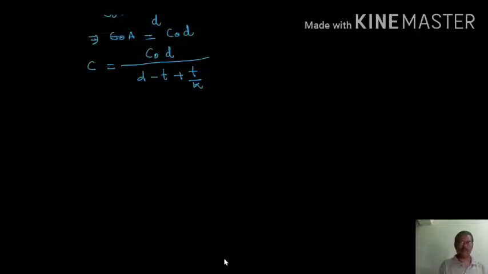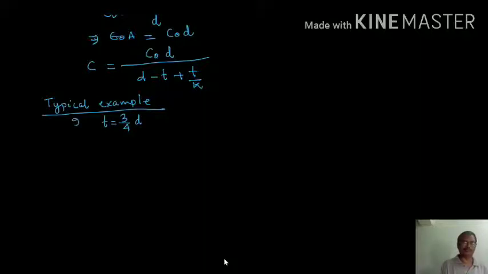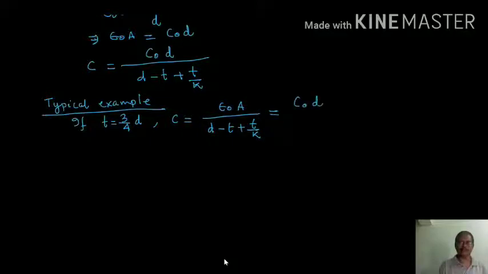So let us take one typical example. If t equal to 3 by 4 d, then what is the capacitance? C equal to epsilon 0 A by (d minus t plus t by K), or we can write C0 into d by (d minus t plus t by K).